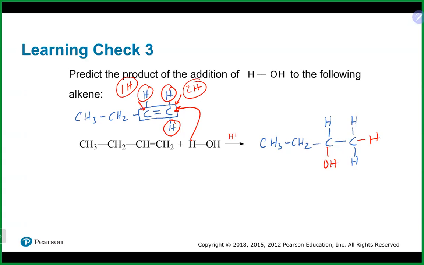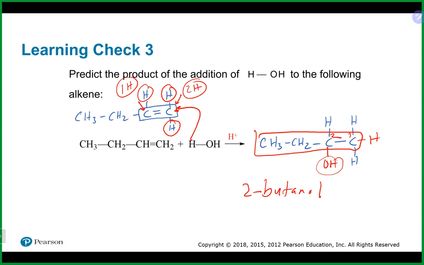And that would be what alcohol? That has 4 carbons, which means it's based off of butane. And since it's an alcohol, it is now butanol, right? And the OH group is located at carbon number 2, right? 1 and 2 coming that way.